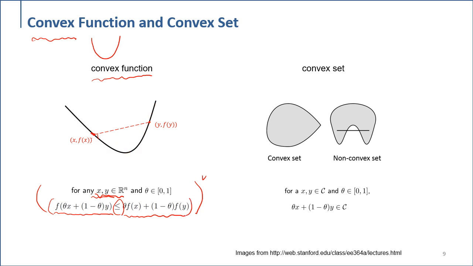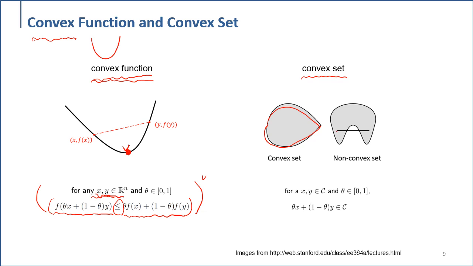The advantage of a convex function is that the local minimum is always the global solution. So for this local minimum, we can guarantee that it is the global minimum. Now consider a set that includes some points that could be non-convex.